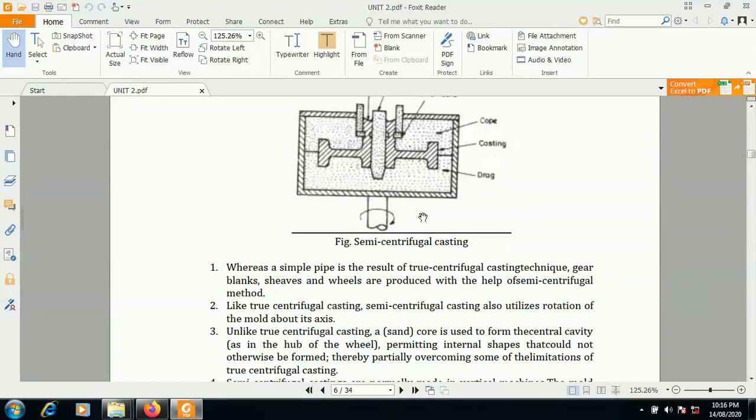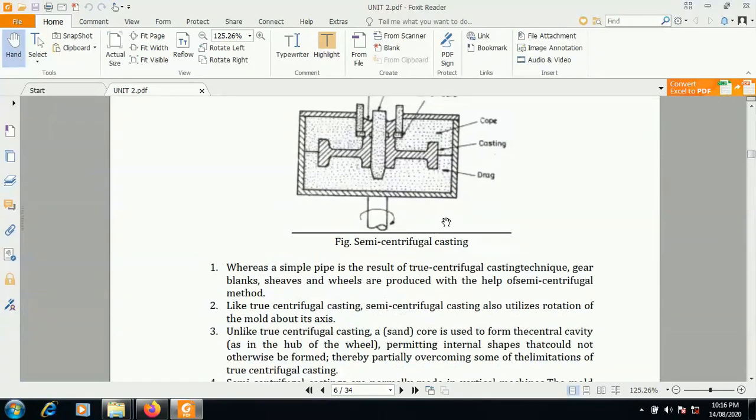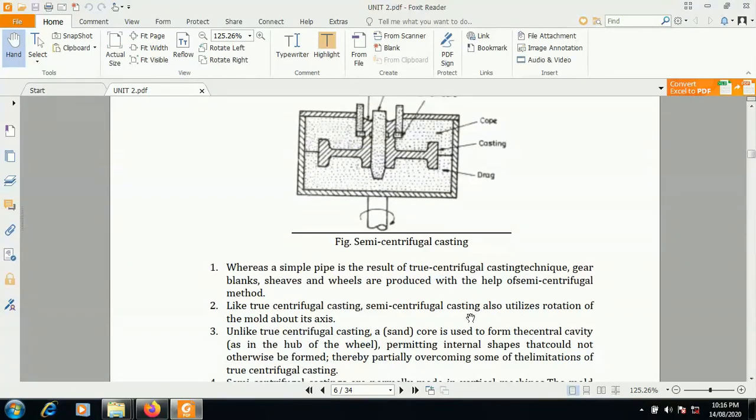This semi-centrifugal casting process is applicable for mass production because mold cavities are joined one above the other, or stacked together. That is called stack molding. It means that a number of alloy wheels, shoes or gear blanks can be produced at a time by using a common pouring basin. Here the core is used to form the central cavity as in the hub of the wheel.